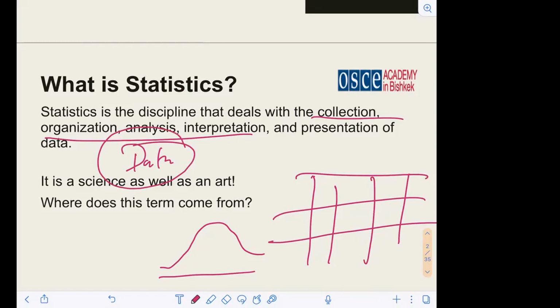When it comes to data, the first thing that comes to our mind is a mathematical figure, for example 5 million people, or 6 million, or 10 million, so that's data. But in depth, there are a lot of hidden meanings within the concept of data.